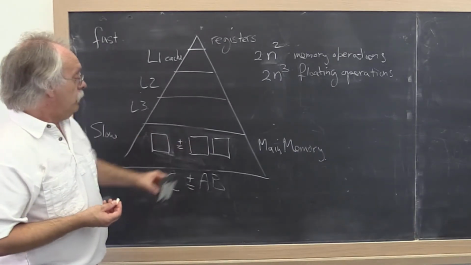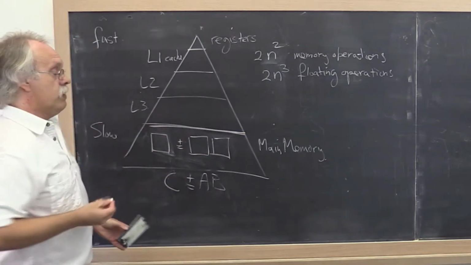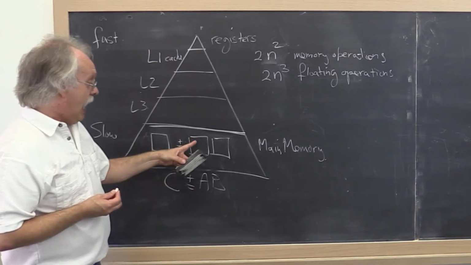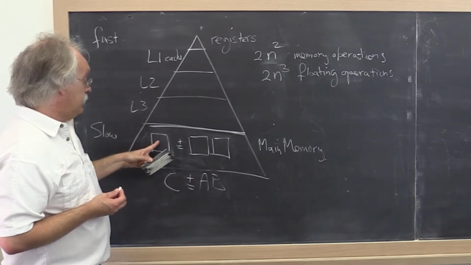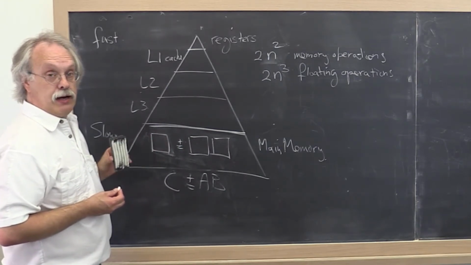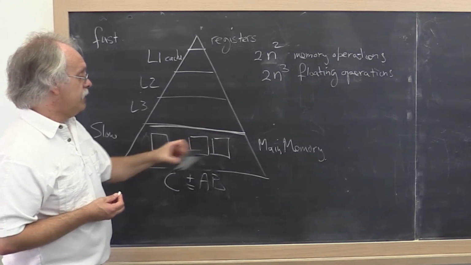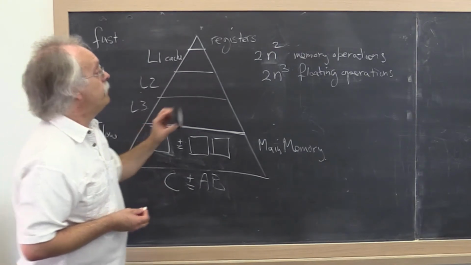What is a lower bound on the amount of data that inherently has to flow across this boundary, which is where the problem is? Well, you have to read A, you have to read B, and you have to read C and write C back out. So that's n squared memory operations plus n squared memory operations plus 2n squared memory operations.